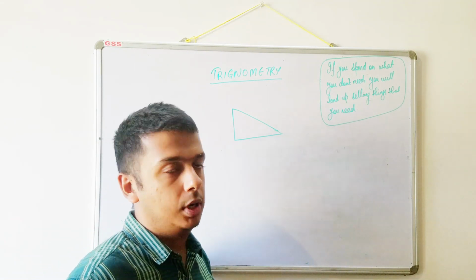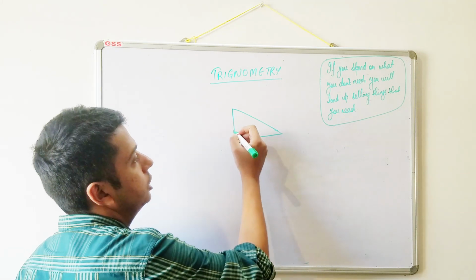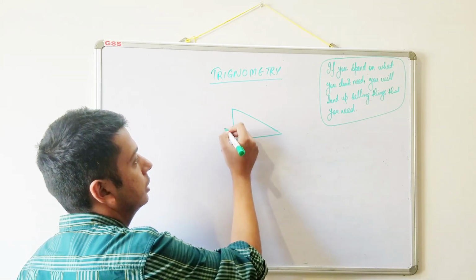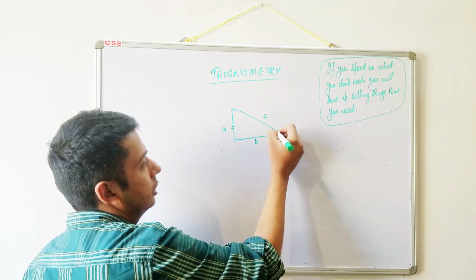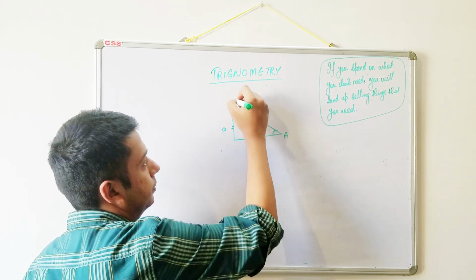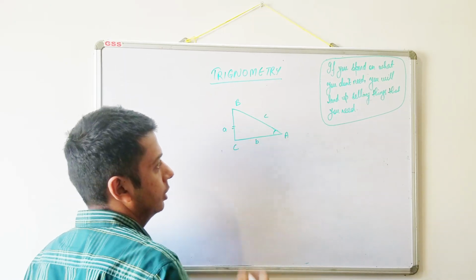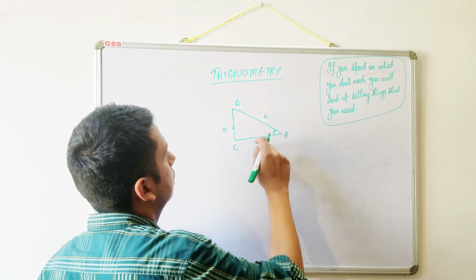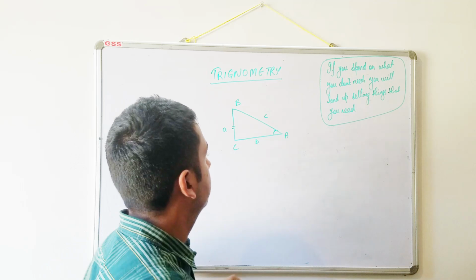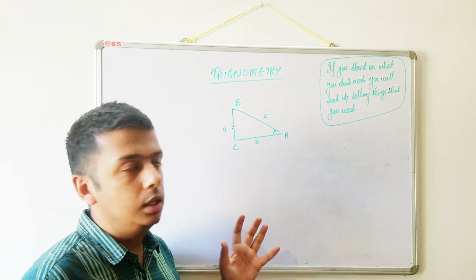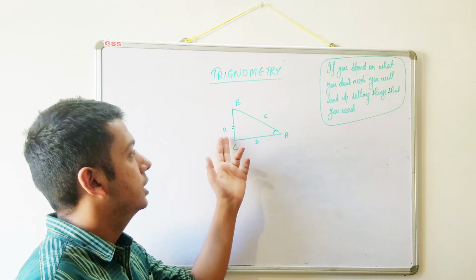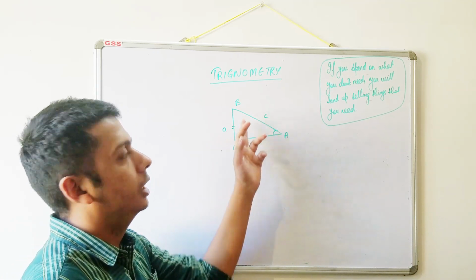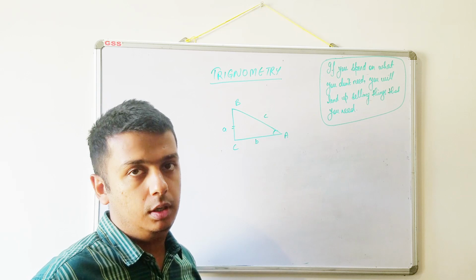It can be any triangle, and the relationship between its sides and the angles. Correct. So the study of a triangle and the relationship between its sides and its interior angles is trigonometry.